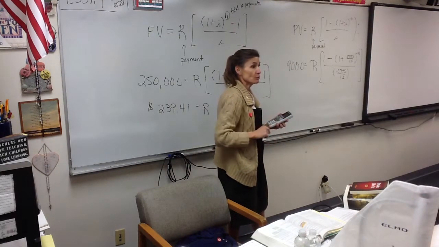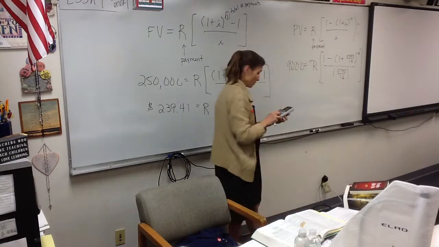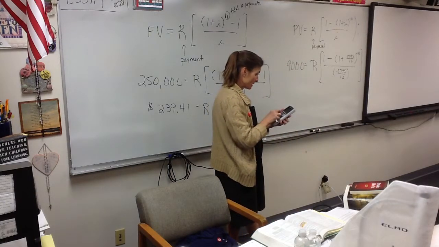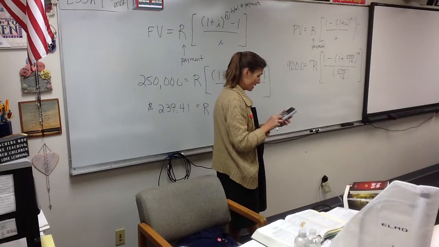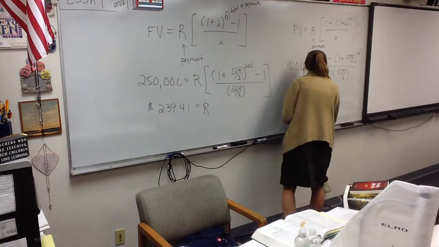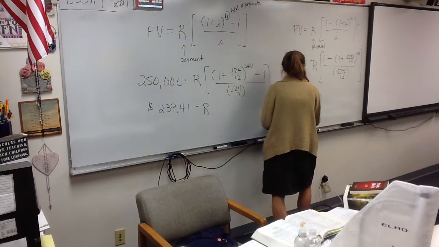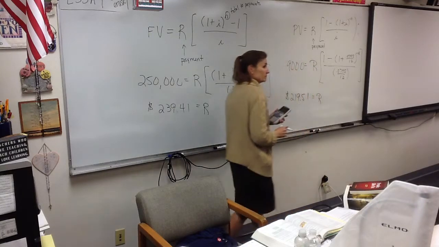Now what do we need to do to get the answer to the question, which is right here? We have to take 9,000 and divide it by that. So what's our car payment? About what? $219.51?